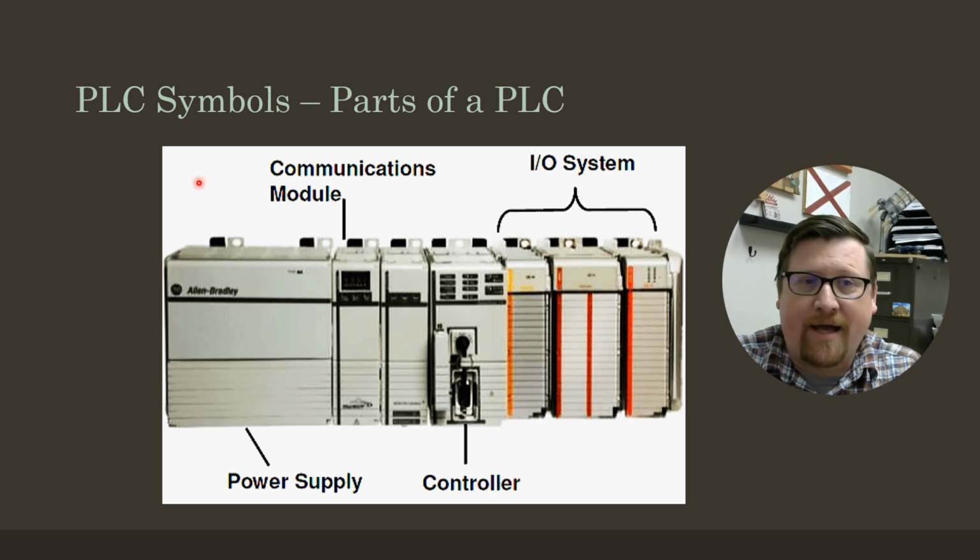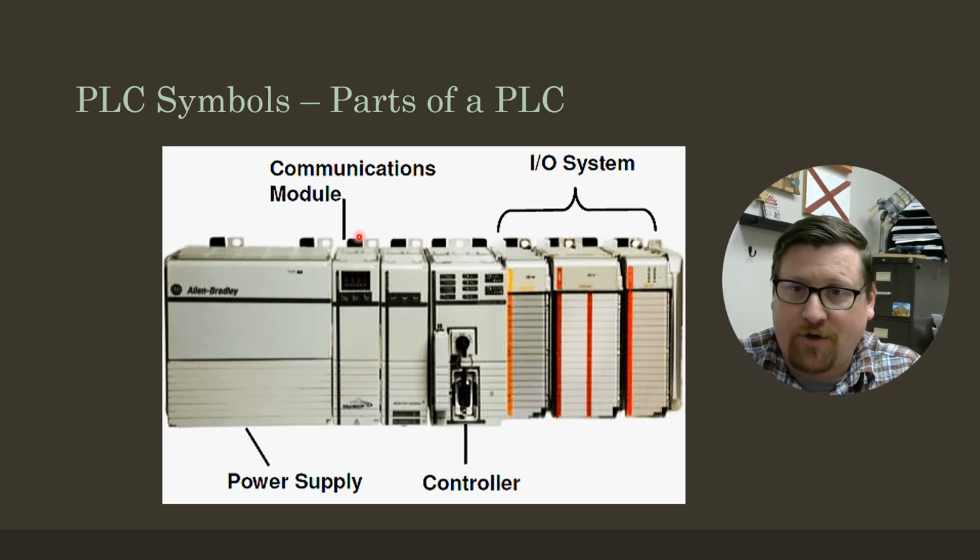So I may have a limit switch or a push button out here in the field, right? Those are called field devices. All the things that are physical in the world are field devices. Those would get wired into my input rack, and that's going to give some kind of digital or analog signal that the program is going to interpret, deciding what it needs to do based upon whatever the program says.